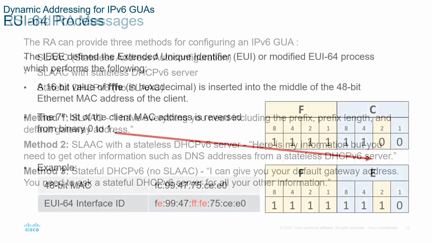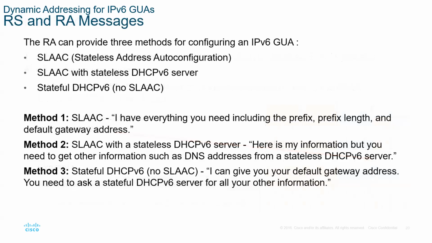Now, hold up. Here it says stateful DHCP version 6, no slack. I said that we don't have conventional DHCP. There's an alternative.